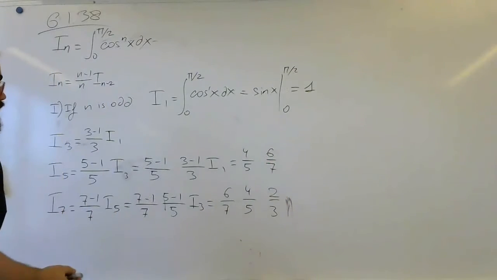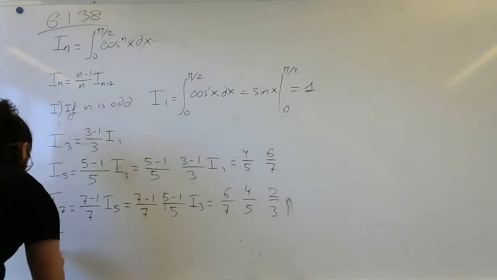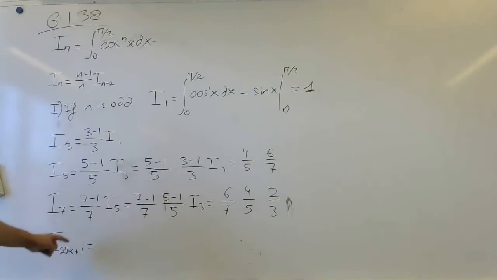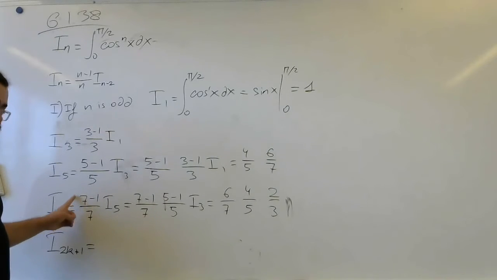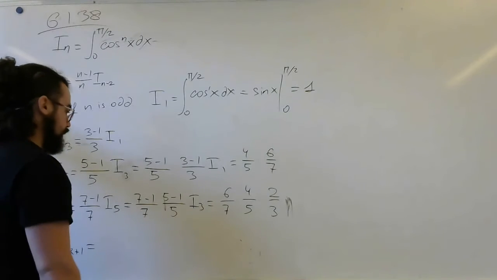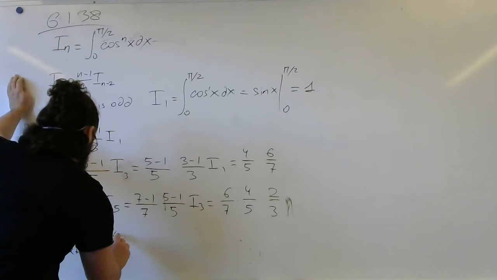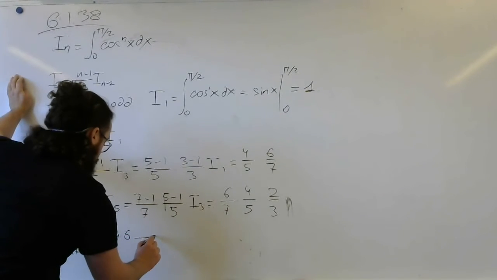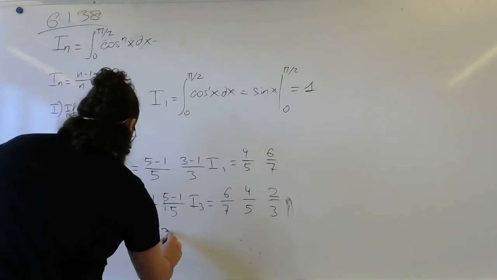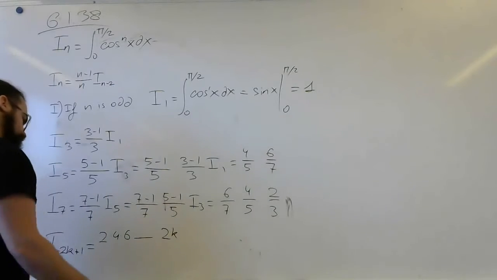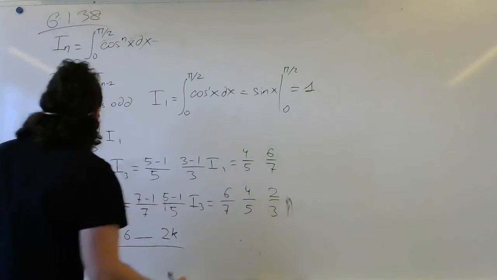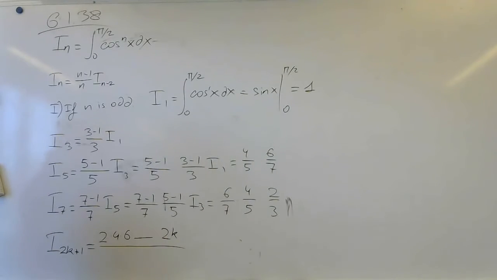So in the end, each time we do this, we multiply the previous one by the last even number and then the odd. So this will be 2 times 4 times 6 times all the way up to 2k, all the even numbers up to the last one.